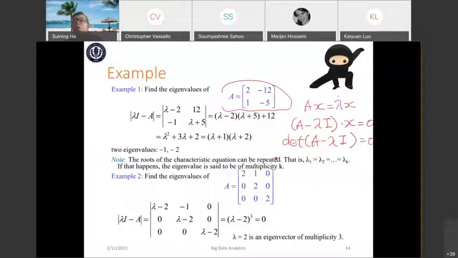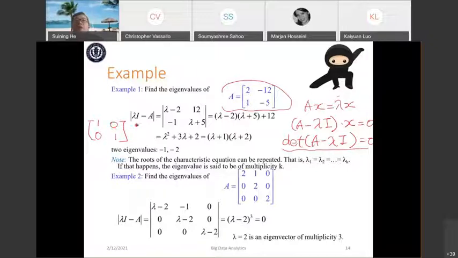So the determinant is given on the left-hand side. It's fine that we write it as lambda I minus A, and we make the determinant 0. I is the identity matrix, so the diagonal elements are all 1, and the off-diagonal elements are all 0.